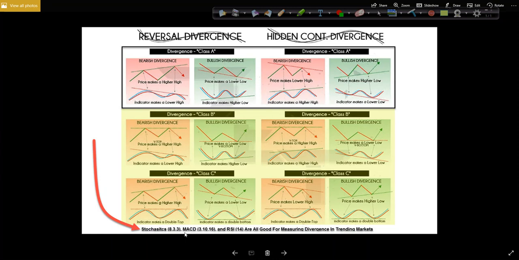Now, when I said common sense, remember, a trader has to have some common sense. What does this suggest? Do you think you can actually go to a chart, find divergence in MACD, and you're not going to see it in RSI? Well, then this wouldn't be a good tool for measuring divergence. Do you think if you put stochastics 8, 3, 3 on a chart and you saw divergence in MACD that you're not going to see it in stochastics, or vice versa? You're not going to see it in the MACD, but you'll see it in the stochastics?